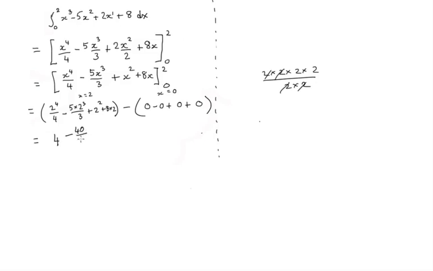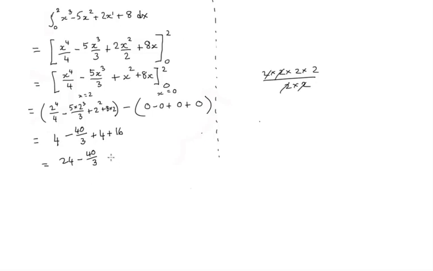We have 40 over 3. We have a plus 4. We have a plus 16. We can tackle the whole numbers. 4 and 4 is 8 and 16 is 24. And we're taking away 40 thirds.